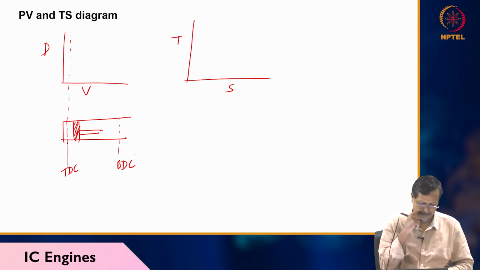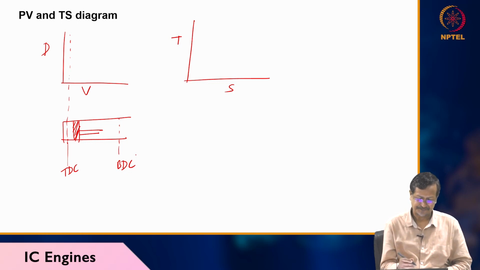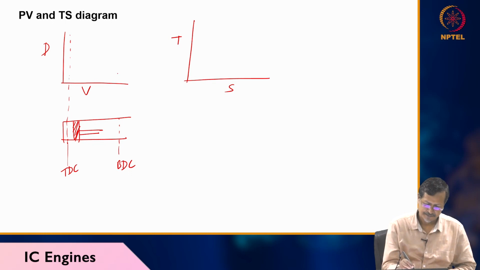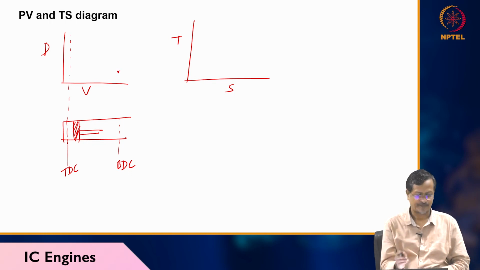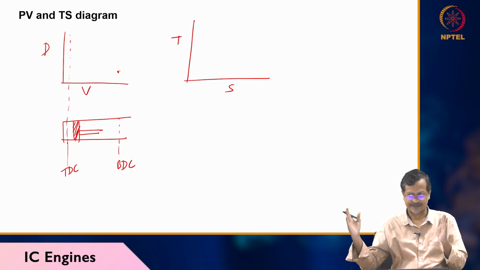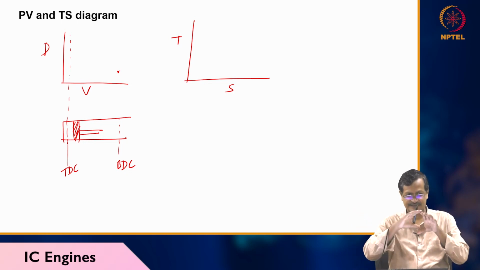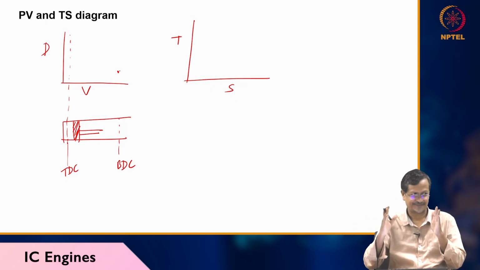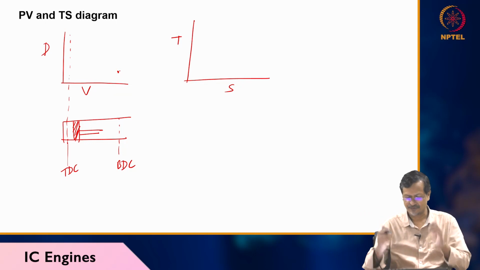Okay, now the PV diagram. Let's assume initially my piston is here, at the farthest end, at the bottom dead center. Now your cylinder is filled with lots of air. Now you start compressing, you close all the valves and start compressing. What will happen?